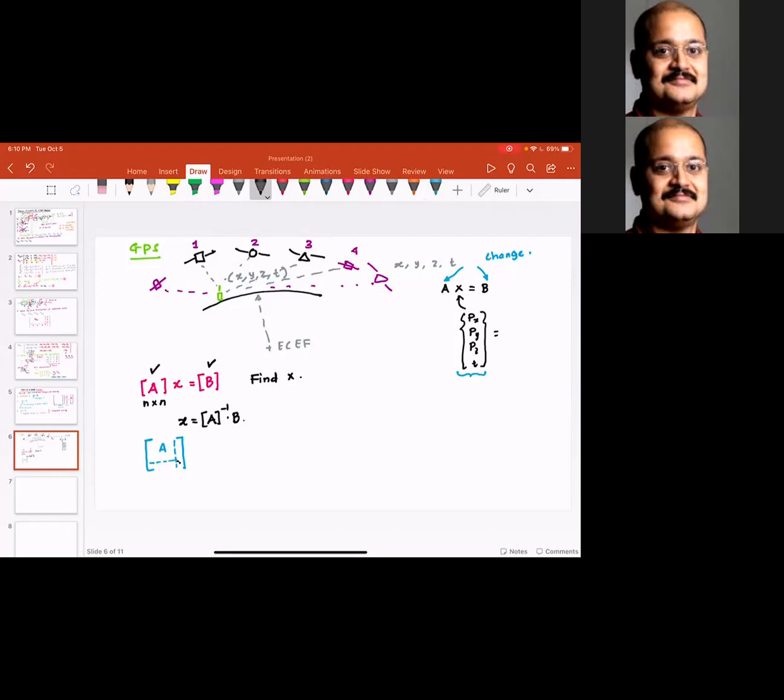So this A gets appended to become n plus 1 by n plus 1. And clearly your X will also get appended. You will have one more term here, and your B will also get appended. So now I need to find out this new augmented vector.